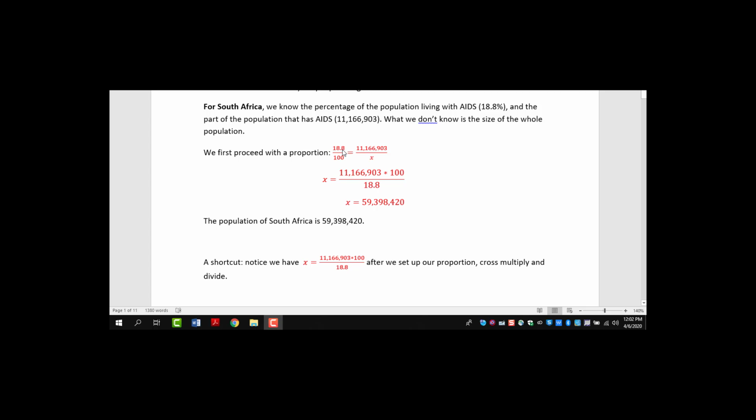So we have 18.8 over 100 people living with AIDS out of every 100 people. What is the total amount of people? Cross multiply and divide, and you get 59 million and then some.